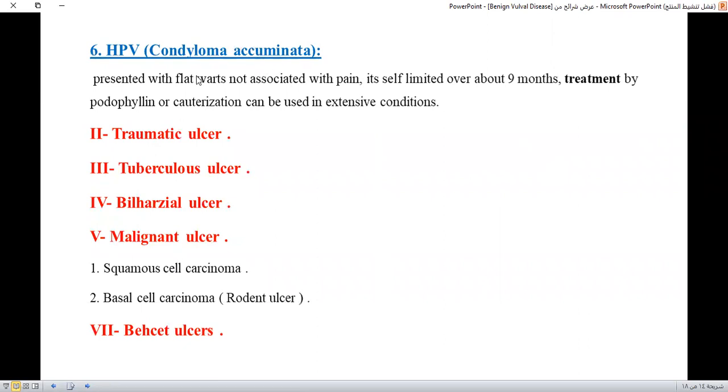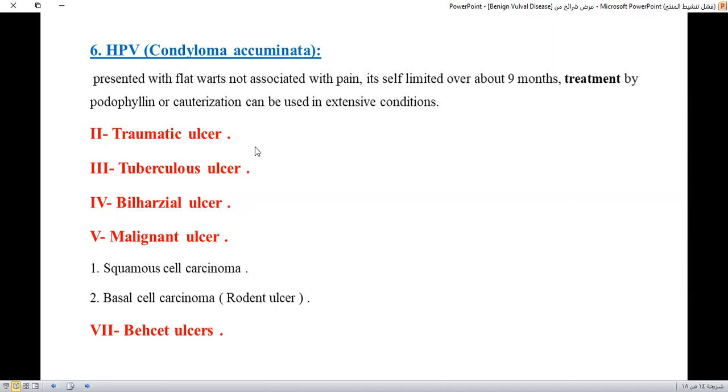Condylomata acuminata, human papilloma virus. Here there will be a wart, a flat wart, not associated with pain. It's self-limited over about 9 months. Treatment by podophyllin or cauterization, which can be used in extensive conditions.